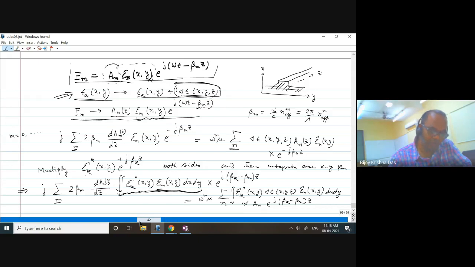But you know, this value will exist only when m equals k, because all the modes are orthogonal. If m is not equal to k, because of the orthogonality condition, this overlap integral between the modes will be 0, right?